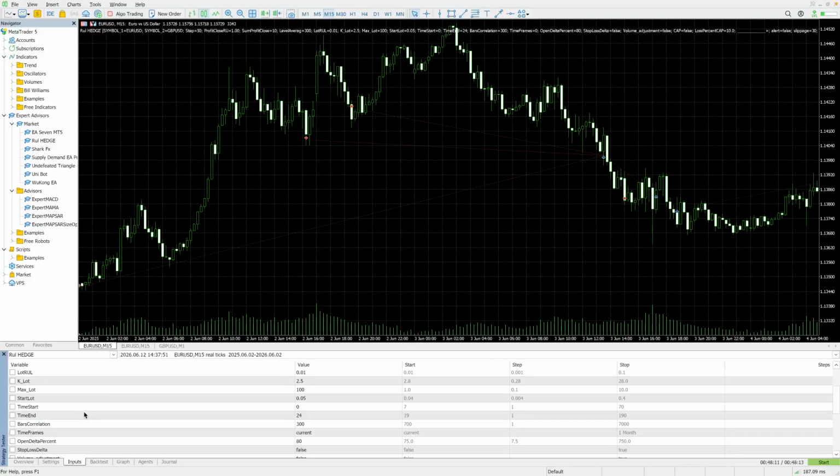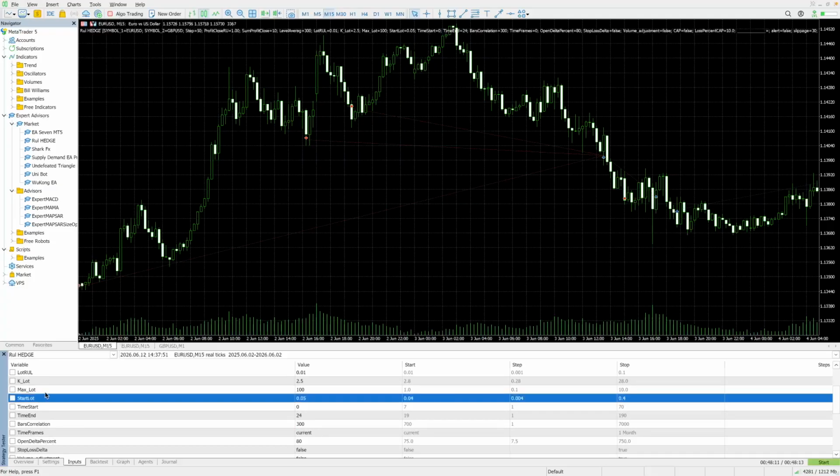And also we have the time filters and the lot management from start lot to max lot. Everything is here in the inputs. They also position it as a structured recovery system that's not full martingale, and it's suitable for accounts that allow hedging with parameters for different risk levels and easy setup on the default EURUSD and GBPUSD pair.